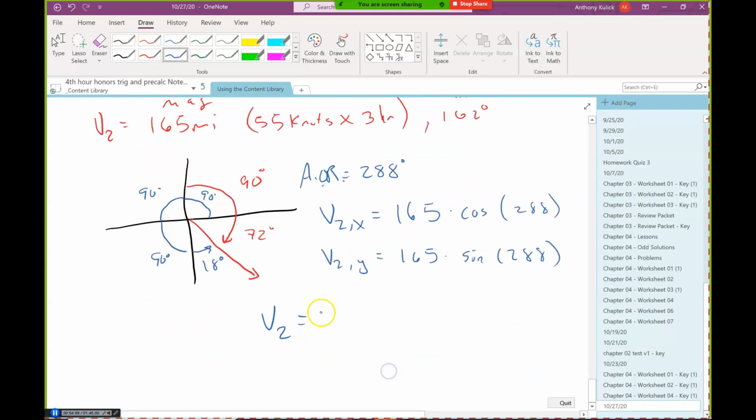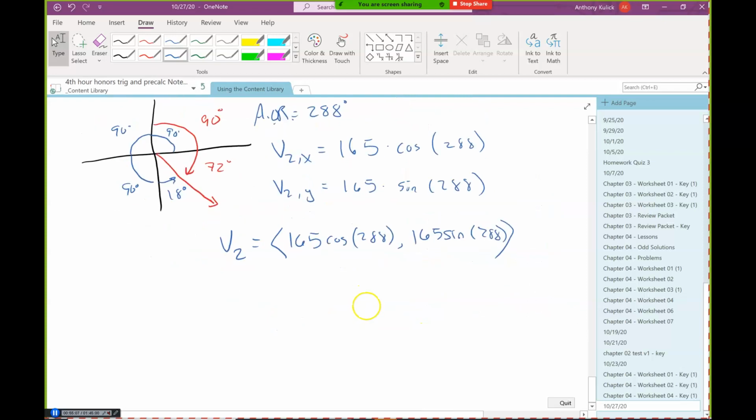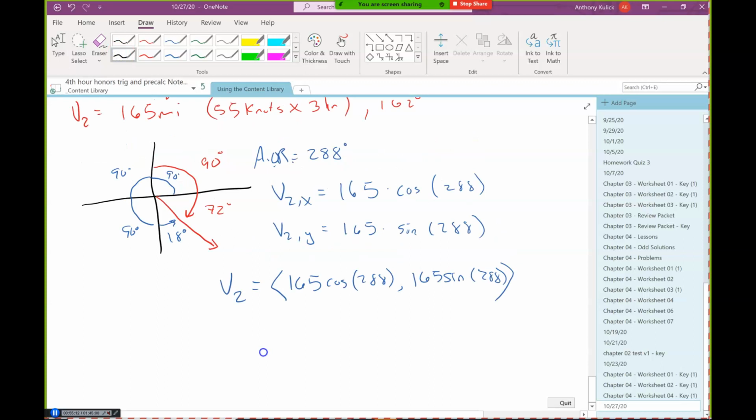So wherever this boat is going to end up is going to be the sum of these two vectors, right? Because it does this, and then it keeps going and does that. So it's just going to be the sum of these two vectors.